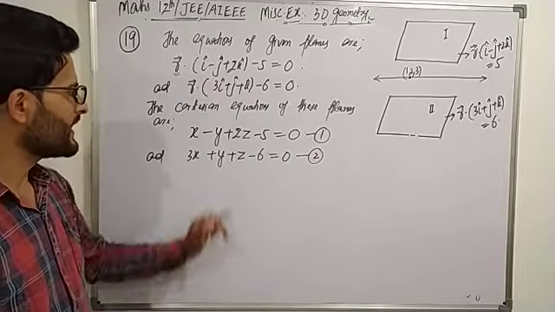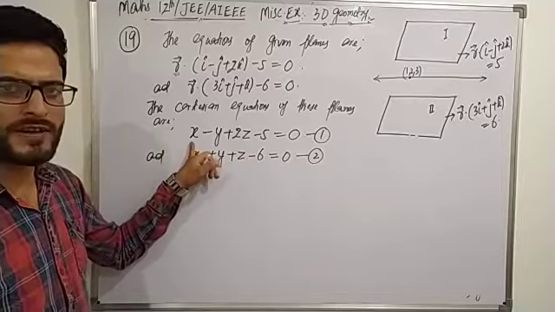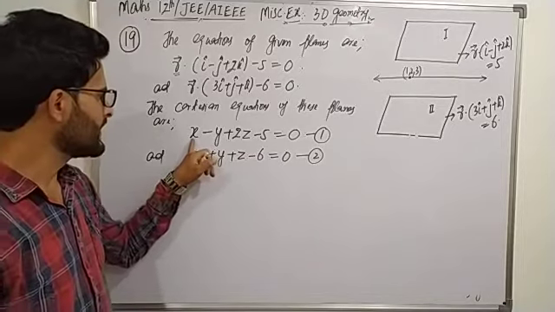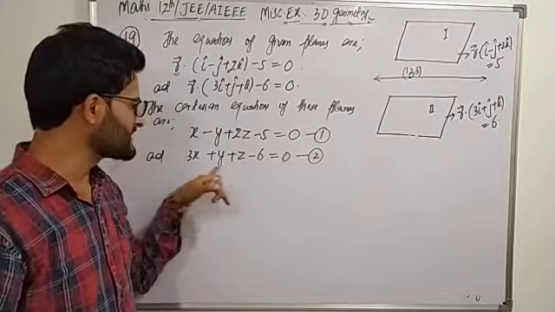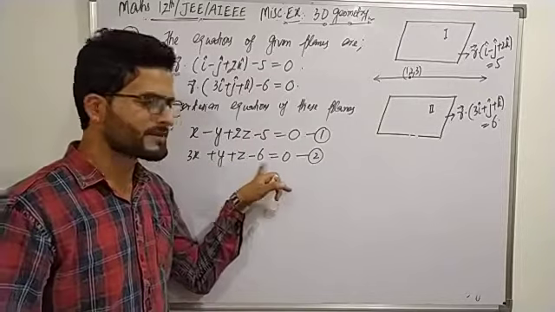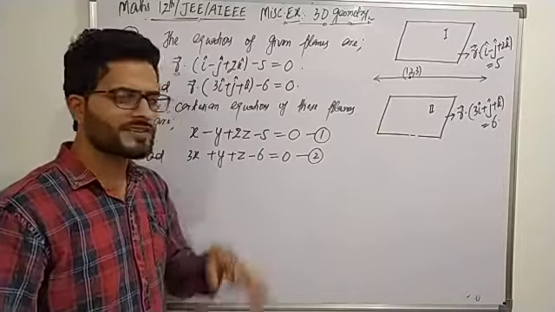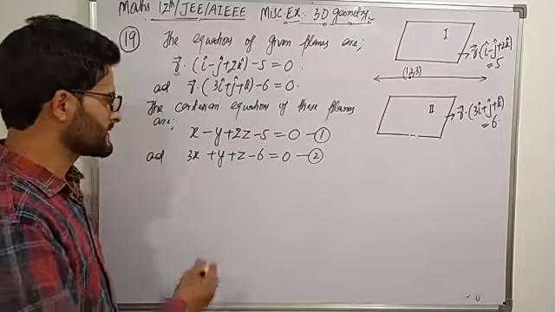Since the equation of the first plane in Cartesian form is x minus y plus 2z minus 5 equal to 0, and the second plane is 3x plus y plus z minus 6 equal to 0, we can find their attitude numbers.